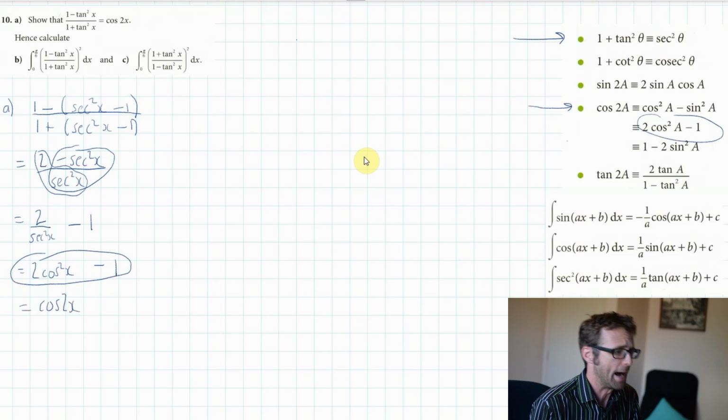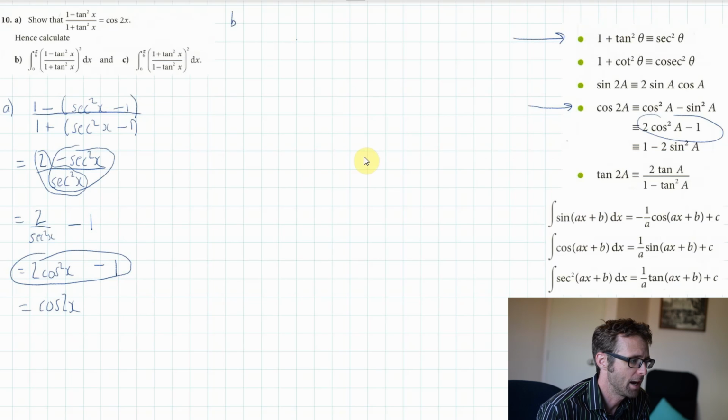Okay, now part B, we are now going hence. That means I'm going to use what I've just learned to do the integral of this one here, between pi over 6 and 0. Now, what have I got here? I've got 1 minus tan squared x over 1 plus tan squared x. This bit here is what we've just found is equal to cosine 2x.